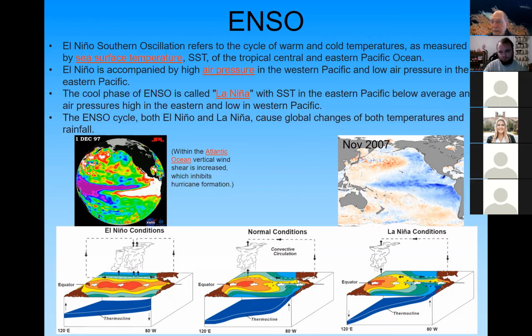And there are also many other climate effects or weather effects that occur as a result of El Nino conditions. El Nino conditions typically produce mild hurricane seasons, for example, and warm water patterns. So warm water tends to penetrate farther north along California.